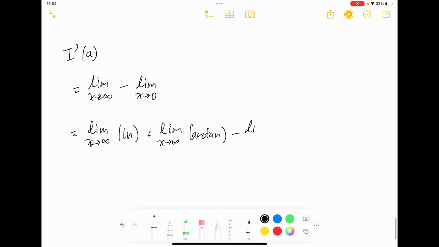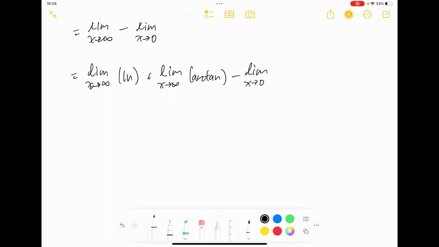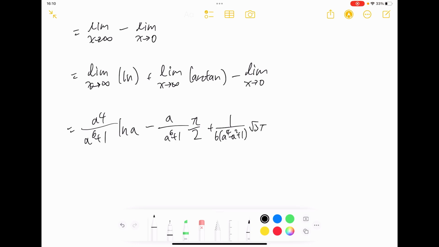And then we subtract limit x goes to 0. And the ln part, we got a^4 divided by (a^6 + 1) times ln a. The arctan part, we got negative a over 2(a^6 + 1) times pi. But that's just pi over 2, so I'm just going to write that there. And then plus 1 over 6 times (a^4 - a^2 + 1) times root 3 pi.